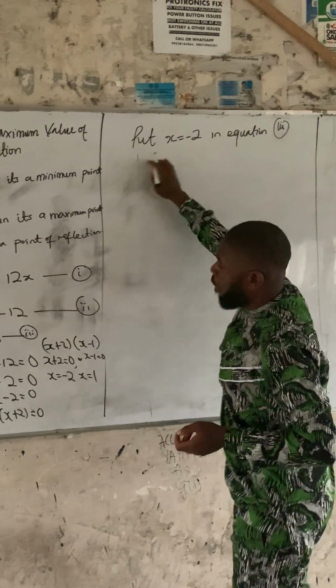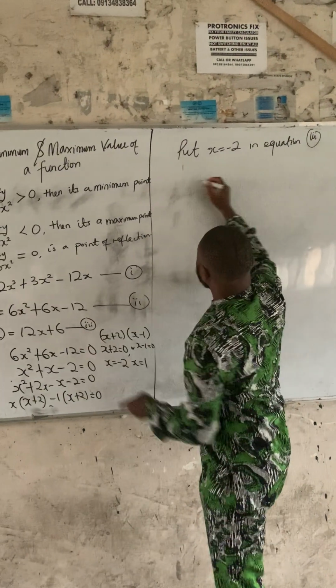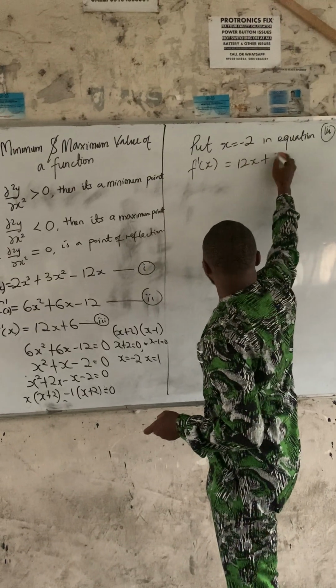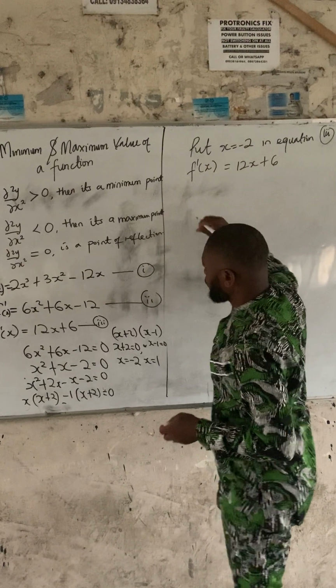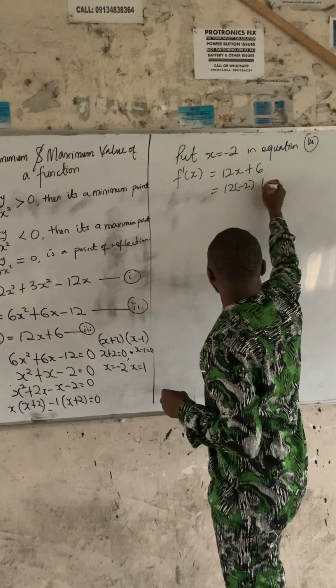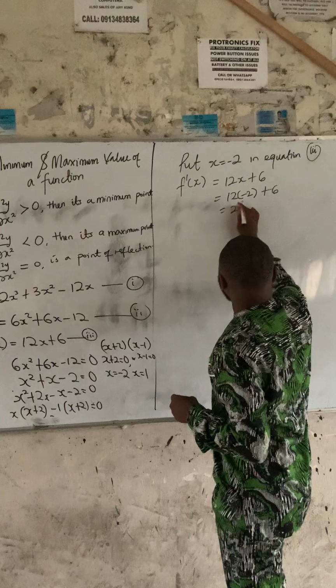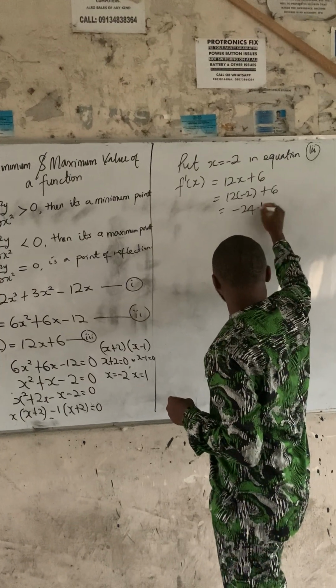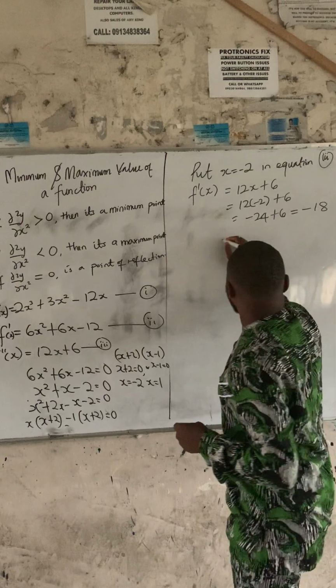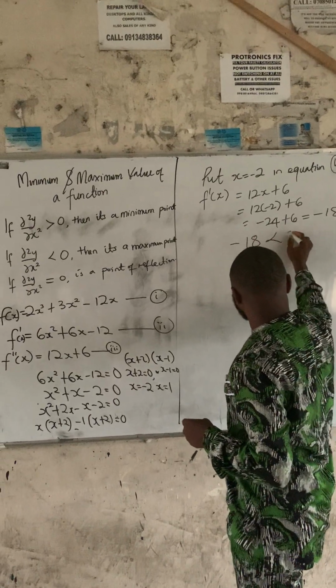In equation 3, f double prime of x is 12x plus 6. Putting in minus 2, I will have 12 times minus 2 plus 6, which is minus 24 plus 6, giving minus 18. Now, minus 18 is less than 0.